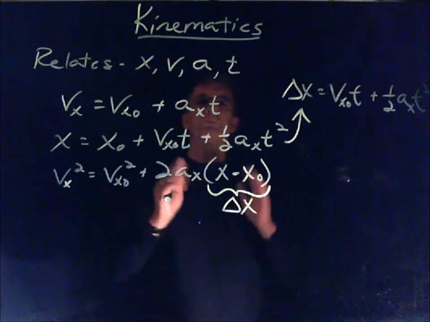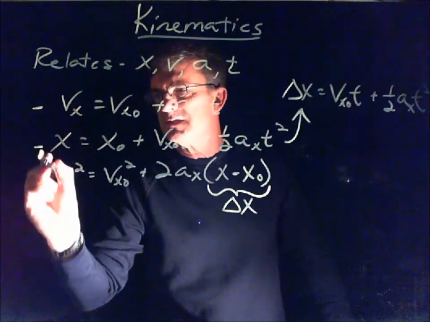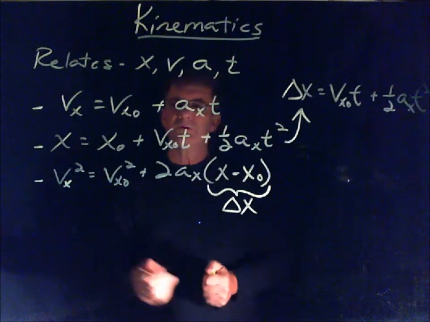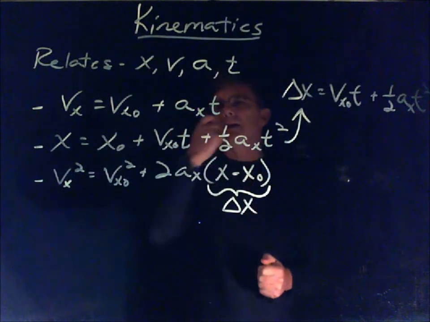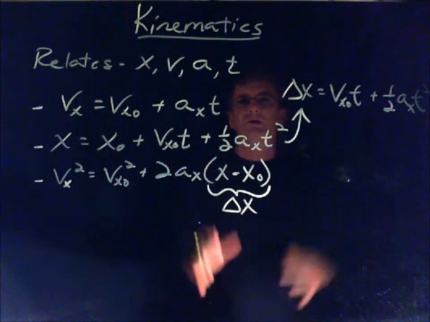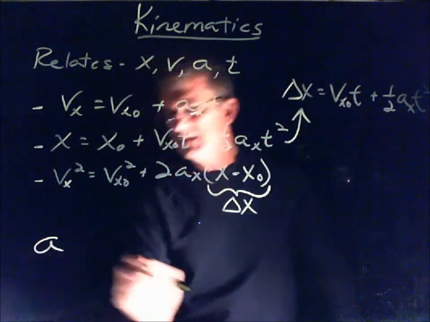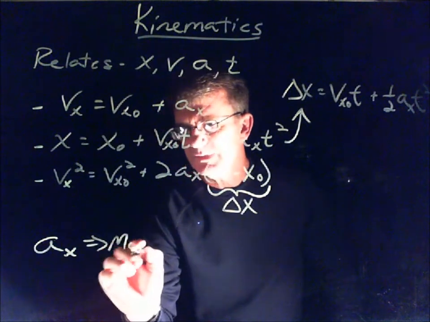So the big rule with these three equations, and this is the thing you've got to keep in mind, and in a little while, in a few months, we're going to get to a situation where we can't apply these. But the big rule is the acceleration must be constant. And so in this case, I'm going to say a_x must be constant.